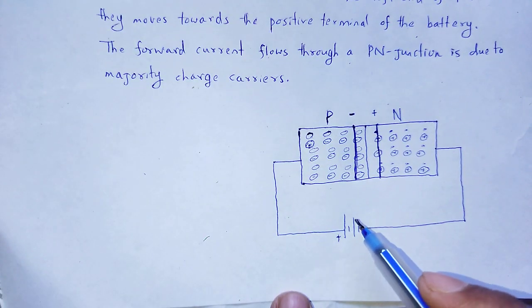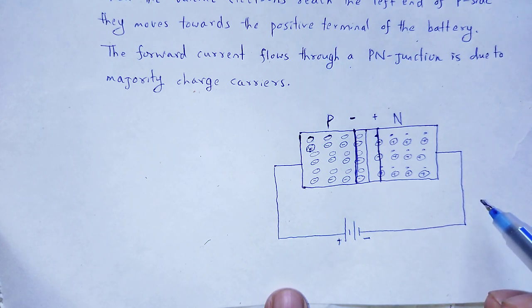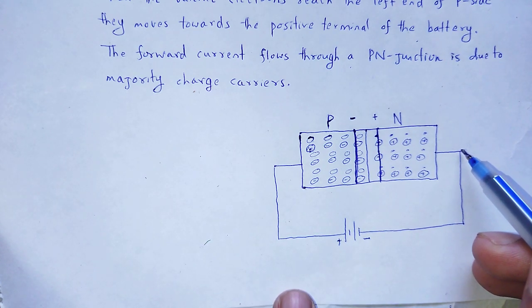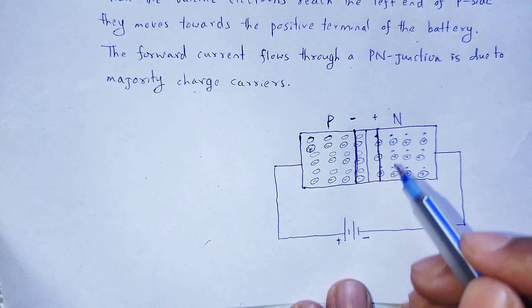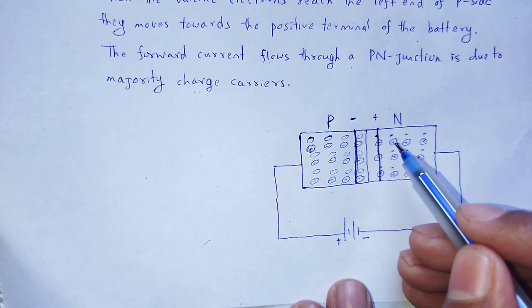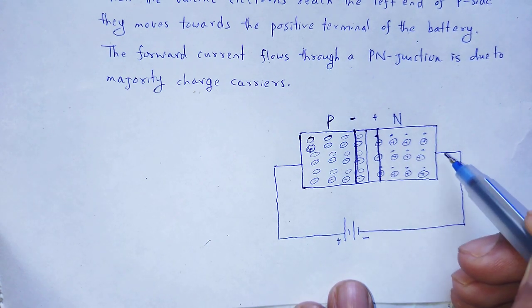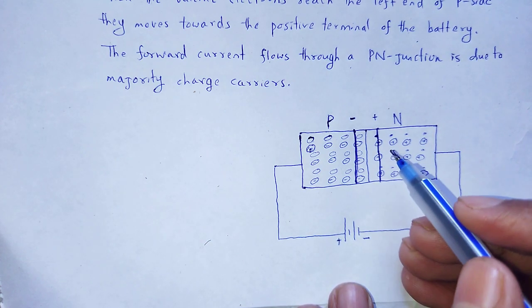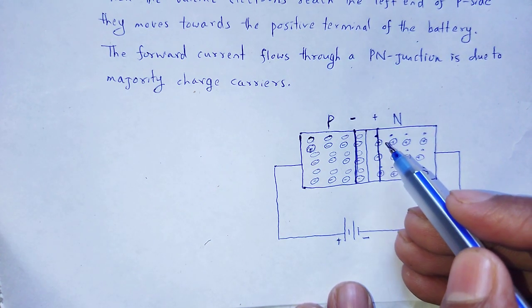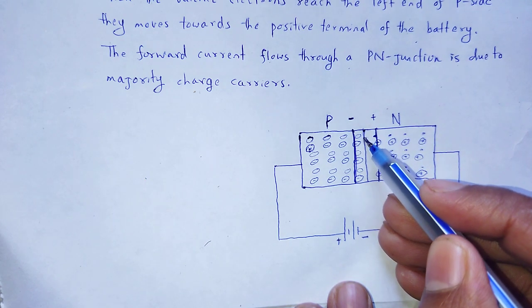Here we apply an external electric field, so a forward potential is provided. In N type semiconductor, the majority charge carriers are electrons, and electrons repel each other. So the free electrons in the N side move towards the junction.